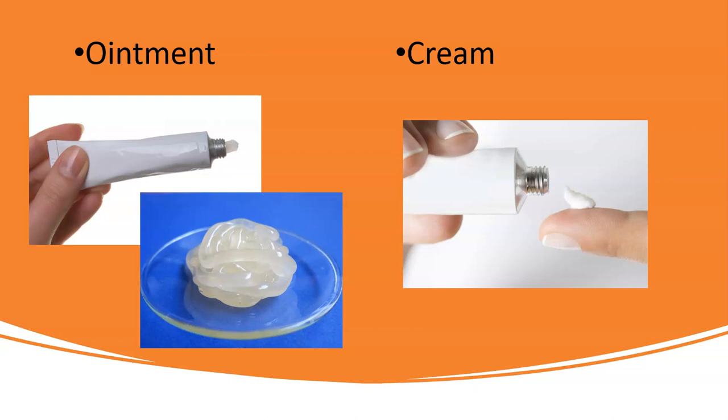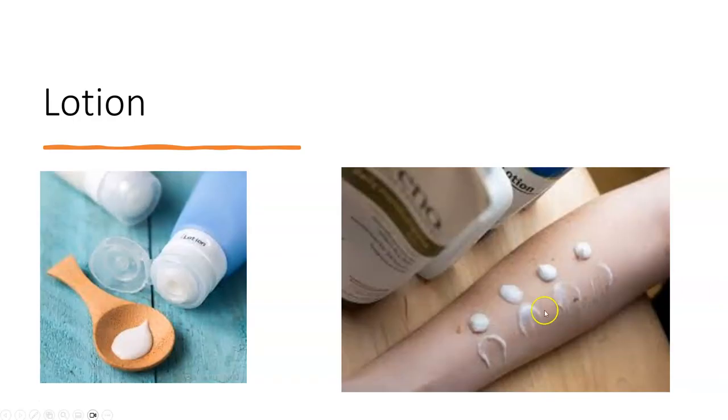Now, another liquid type of drug is going to be a lotion. And this is applied topically. Most people are familiar with lotions. Some are a little thicker, some are a little bit more watery. They generally will absorb into the skin. When we're talking about viscosity, the term viscosity means how thick something is.